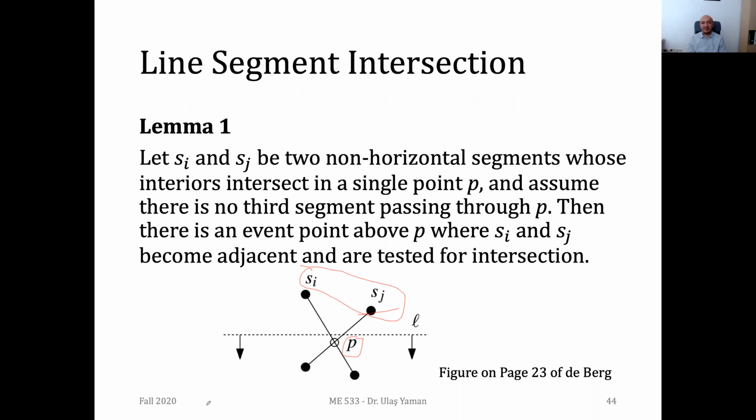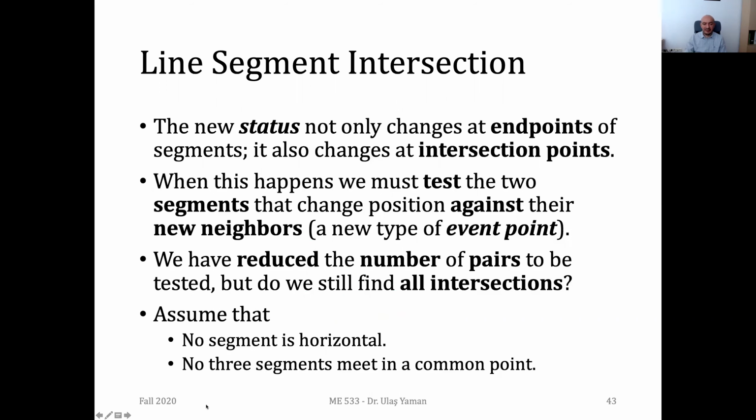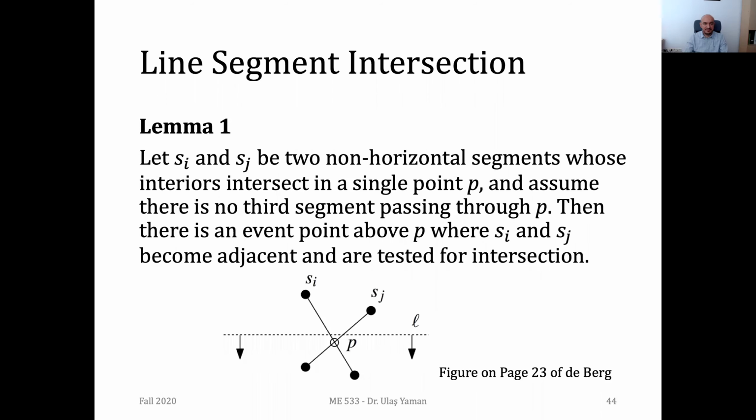So by this lemma, we can find all these intersections by only checking the neighbors. We don't need to check all the line segments in the status. Checking the neighbors is fine, and you don't need to do more computation.